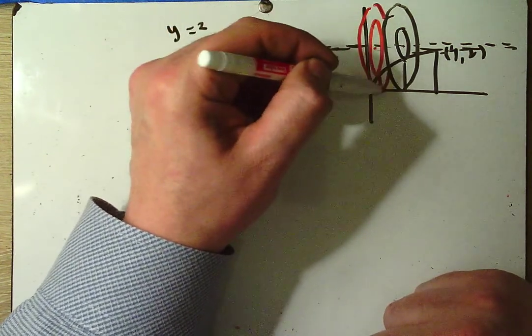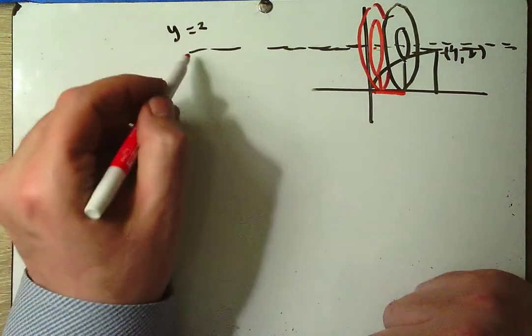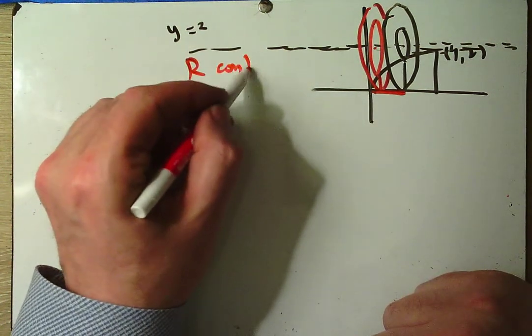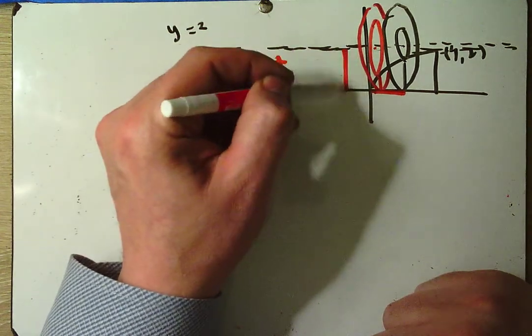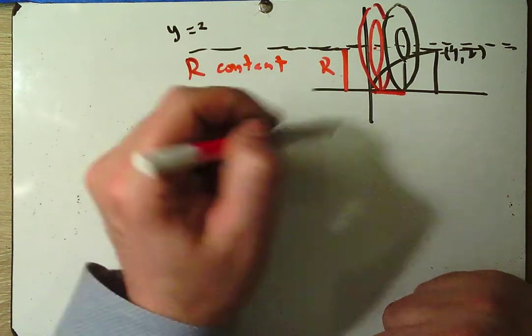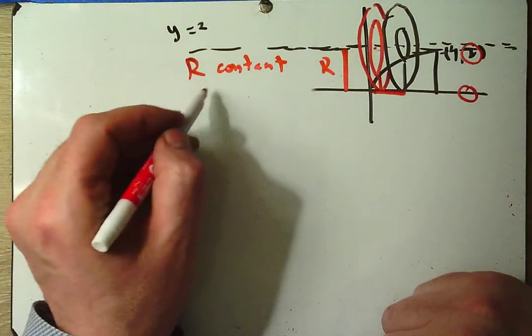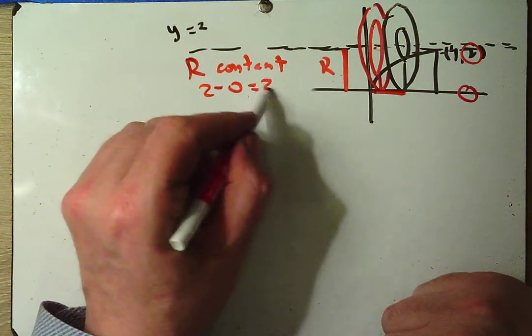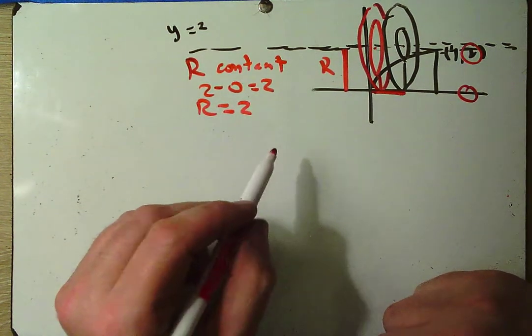Now what I notice here is these are on the same line. That means big R is a constant. But how big a constant? Well, this is big R. What's that distance? It's the distance from 2 to 0, or 2. Big R equals 2.